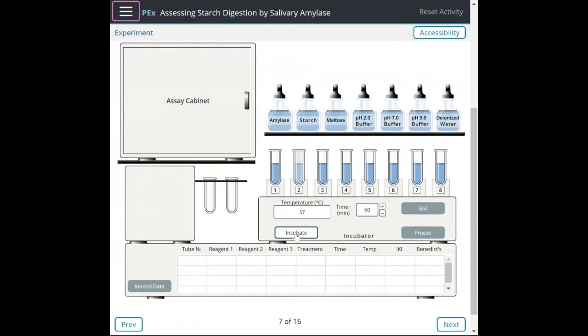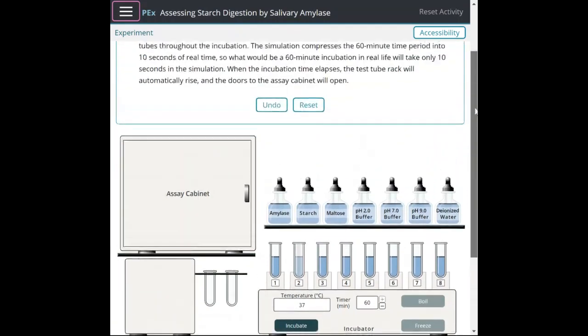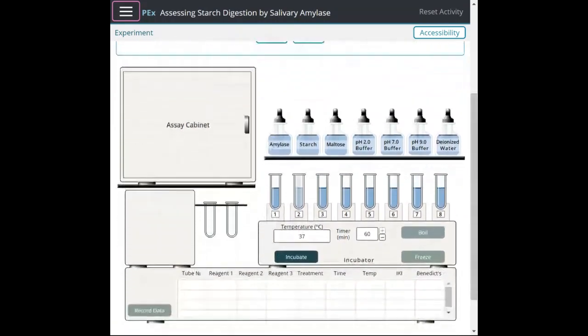All right, so now we're going to incubate all our samples. What the test tube rack is going to do is sort of gently shake them, and this would normally take 60 minutes in real life, but we're going to compress it down into about 10 seconds.